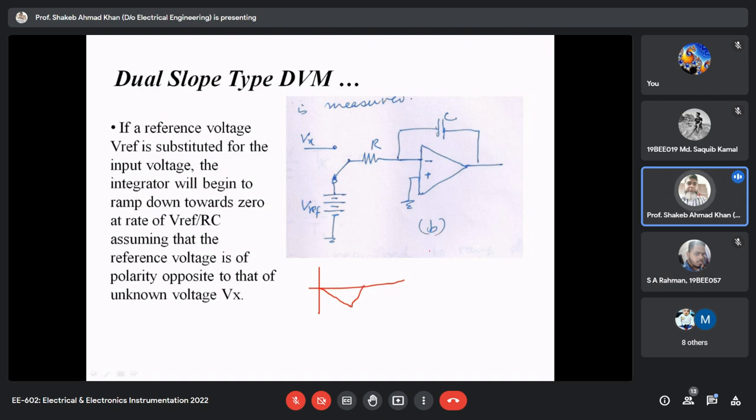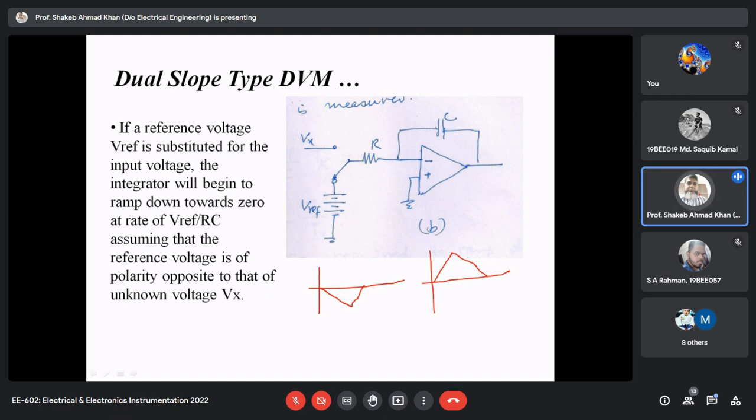If the situation is the other way around, if your input signal is negative, then your output will be ramp up, and then obviously your reference voltage will be positive. Then in that case it will be connected till the time it is coming back to the zero value.